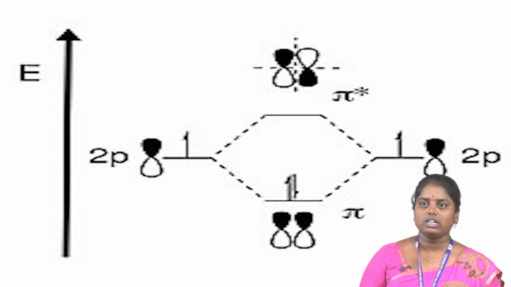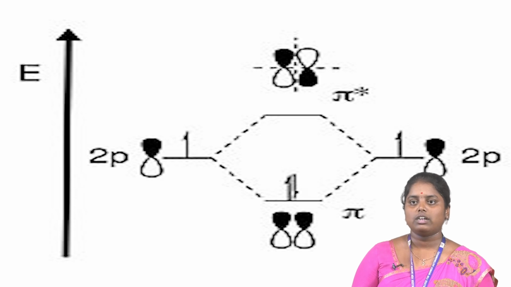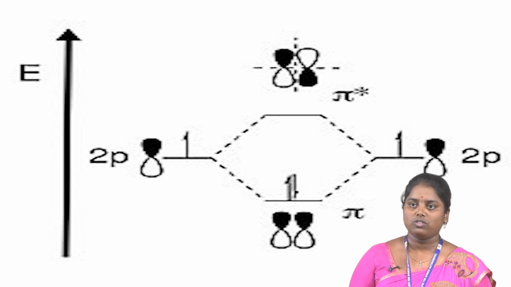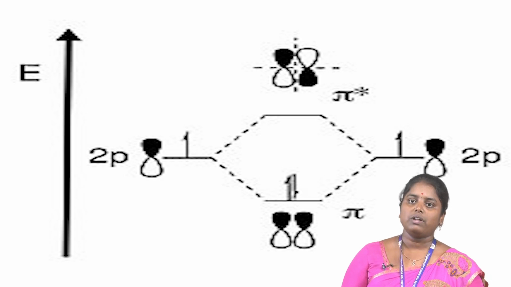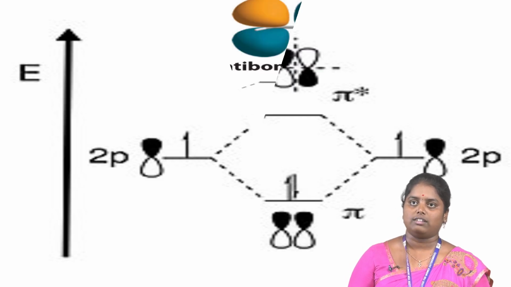The electron density in the bonding molecular orbital in the internuclear region is high. As a result, the nuclei are shielded from each other and hence the repulsion is very less. The bonding molecular orbitals are represented by sigma, pi and delta.